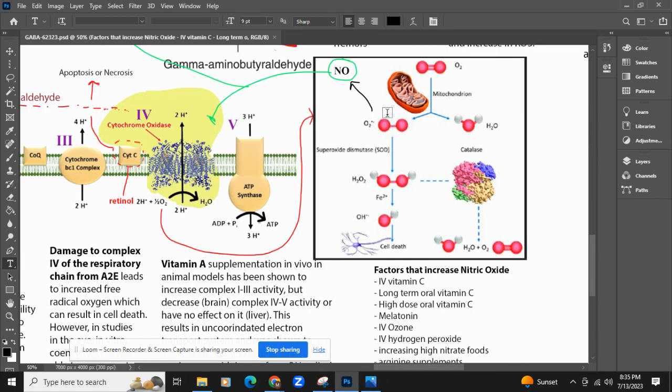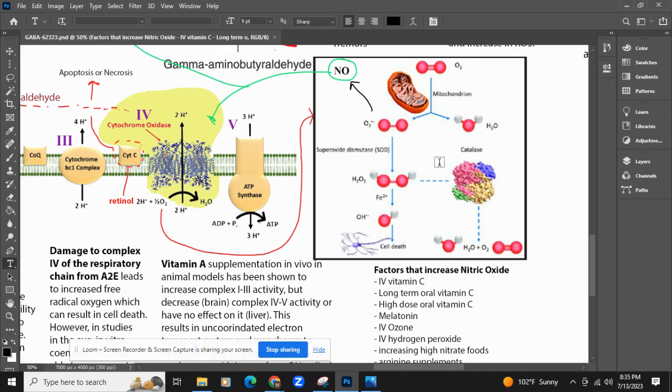So the oxygen comes over here to this diagram. And from this free radical oxygen, you should be using superoxide dismutase to make hydrogen peroxide. And you should not be making too much hydrogen peroxide. You should be eventually getting rid of the free radical oxygen because the hydrogen peroxide would actually be reduced by glutathione.